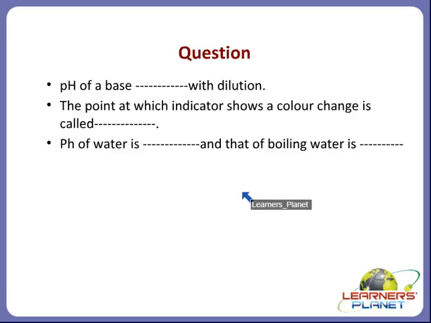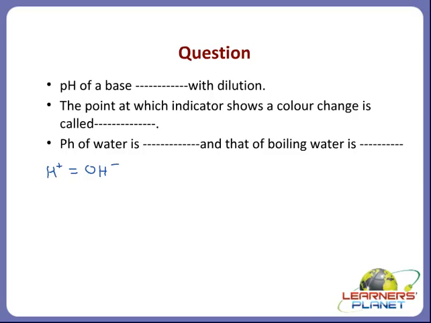So what is this pH of water? Children, we know that water is neutral. Okay? Water is neutral, so the hydrogen ion concentration would be equal to hydroxide ion concentration. Right? So in water, the H plus ion concentration is equal to the OH minus ion concentration.